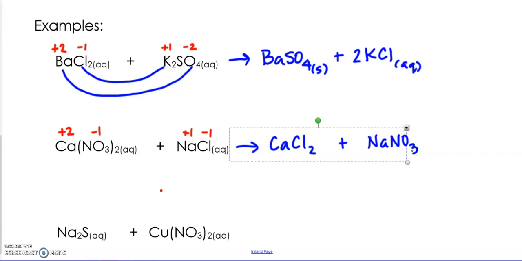So when I look these up on the solubility chart, I look up chlorides, and it says it's aqueous unless it's with silver, mercury, or lead, which it is not. So this is aqueous. And then if I look up nitrates, they're always aqueous, no exceptions. So this is also aqueous. So this one does not react. So what we do is we just cross this out. We write NR for no reaction.